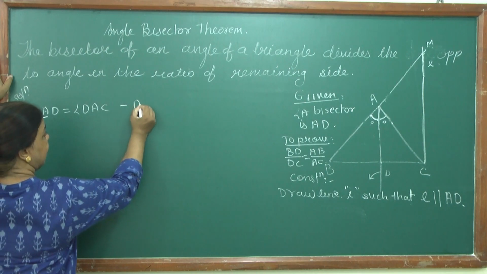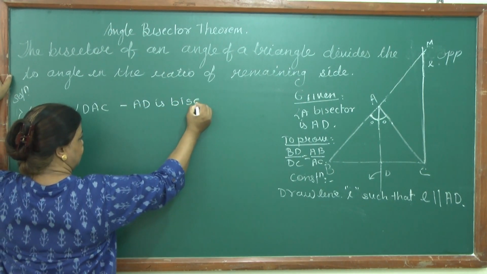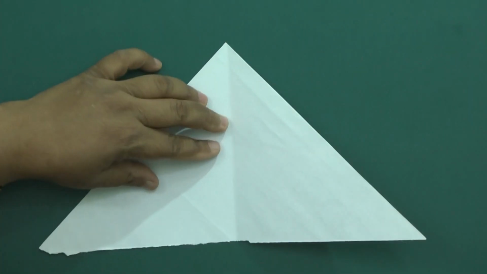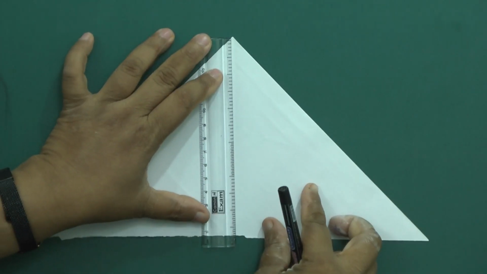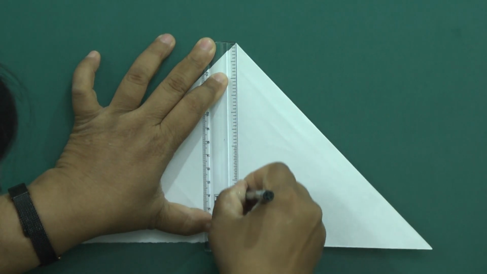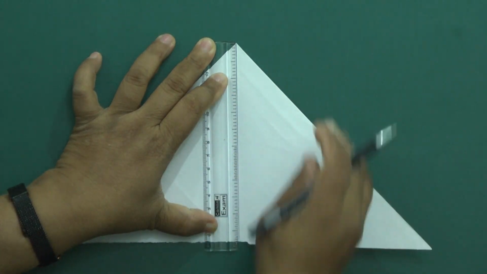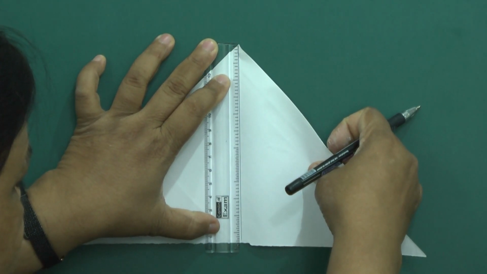Why? AD is bisector. Children, you can see one paper triangle I have drawn. If I draw a line in the middle, this line is the bisector of the angle, and bisector means cutting.